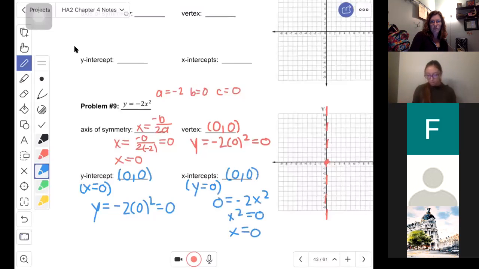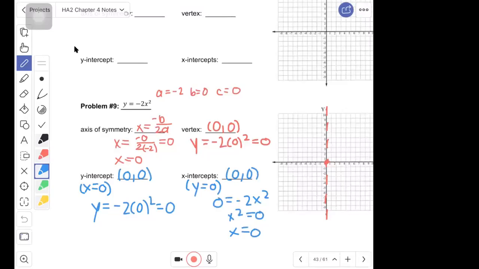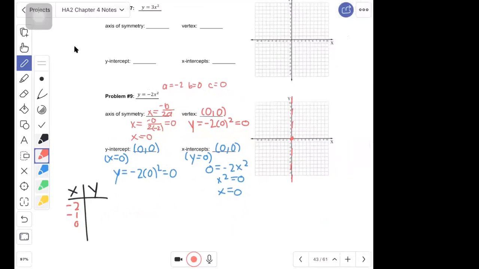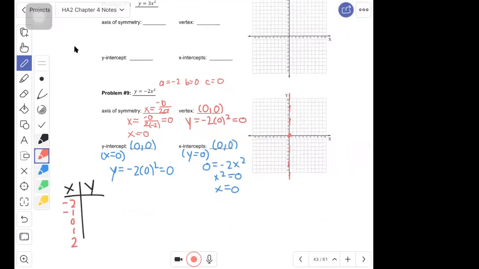Okay, so here we only have that point at 0, 0, which I saw what was great on a lot of the homework. Let's just make a quick t-chart. Find some other points, because all we have is that 0, 0 point. So we can go ahead and pick our negative 2, 0, 1, and 2. And when you do that math, these are the points you will get.